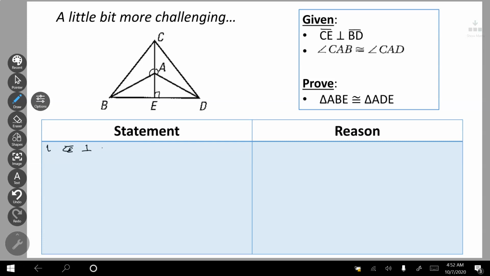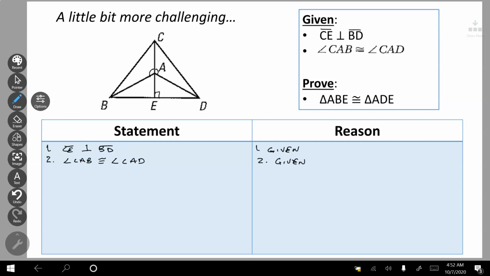CE is perpendicular to BD, given. And angle CAB is congruent to angle CAD. These are my two givens.